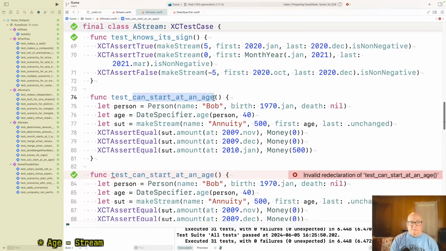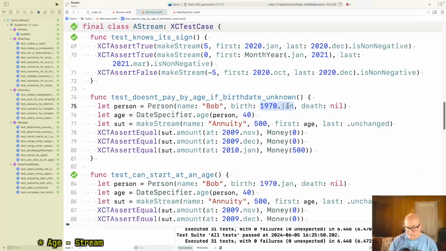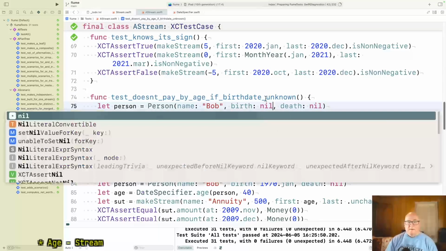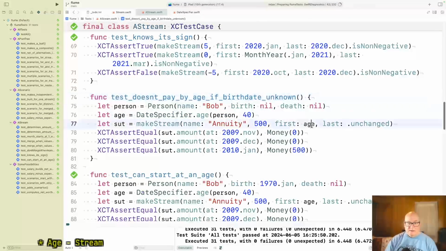A stream doesn't pay by age if birth date unknown. Okay, so this is nil. Person this at age. And the amount, even at their age, is, well, we don't know their age.